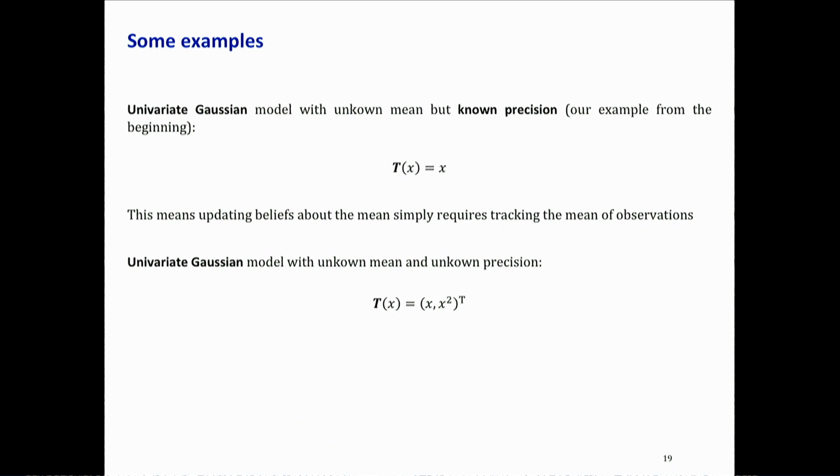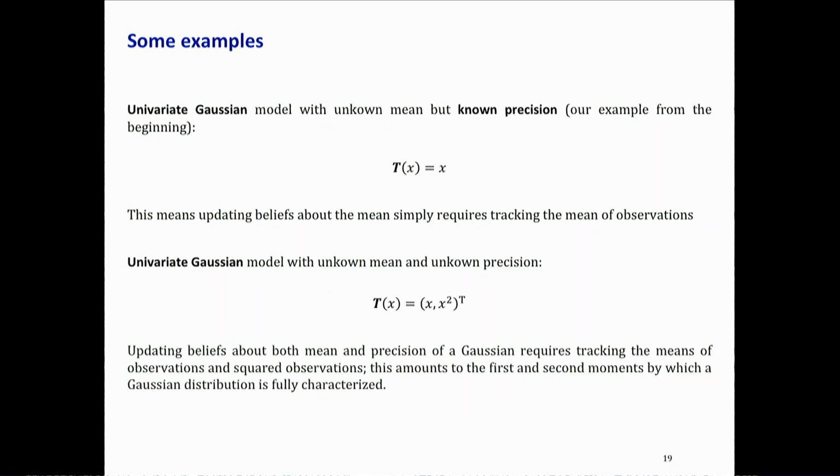We have to estimate the precision of this distribution. And for this reason, we need a second sufficient statistic. So we need to track not just the mean of the observations themselves, but also the mean of the squares of the observations. And this amounts to the first and second moments by which a Gaussian distribution is fully characterized.